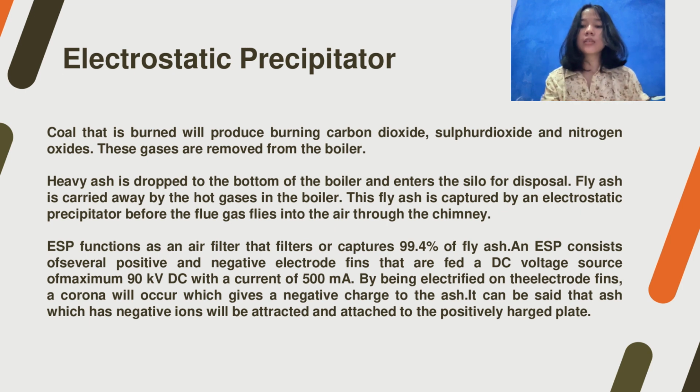By being electrified, a corona will occur on the electrodes, which gives a negative charge to the ash. It can be said that the ash, which has negative ions, will be attracted and attached to the positively charged plate.